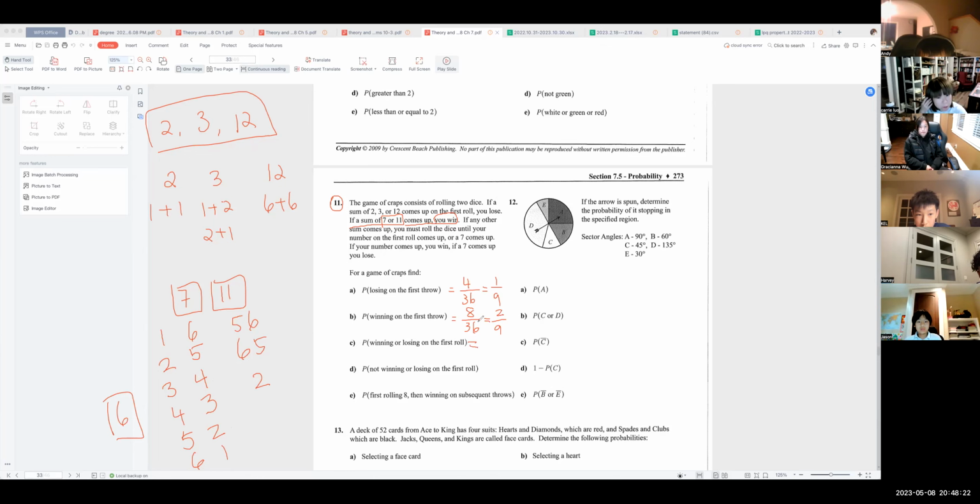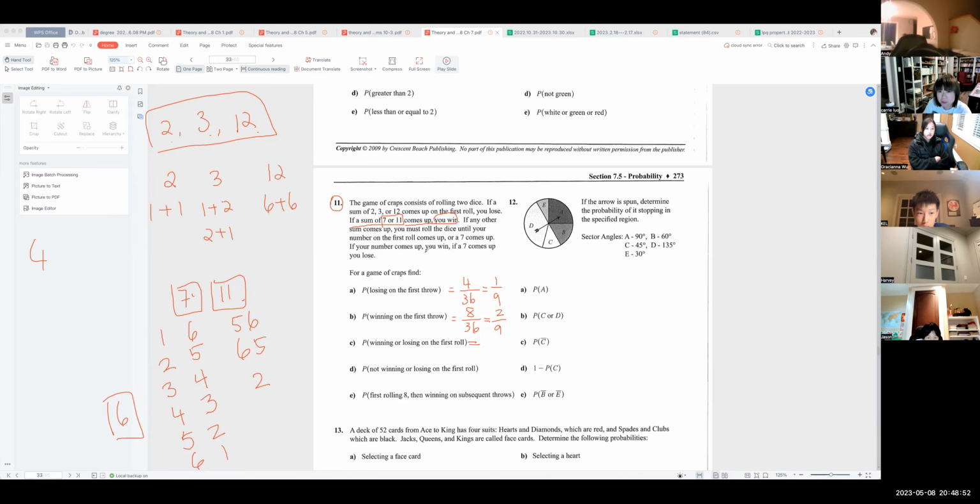有小朋友说，哎，这个题目难道不是要么赢要么输吗？不对，因为有很多种不同的可能性。你扔2、3、12、7和11是要么赢要么输，但是如果你扔到4呢？If any other sum comes up, you must roll the dice until your number on the first roll comes up, or a 7 comes up.